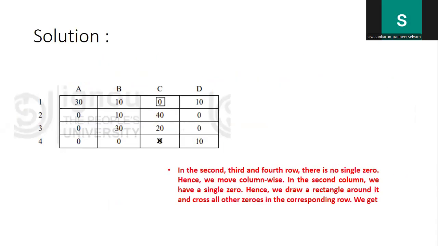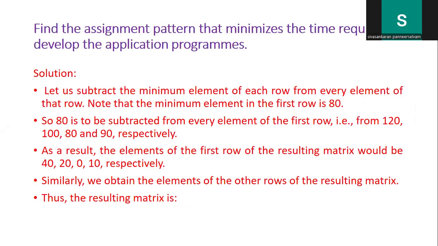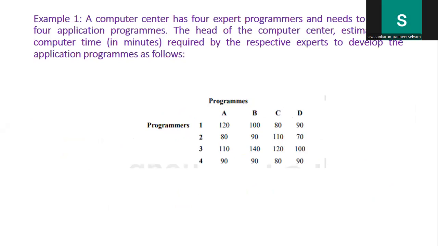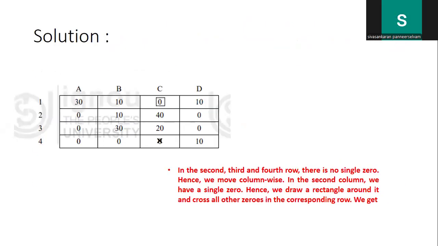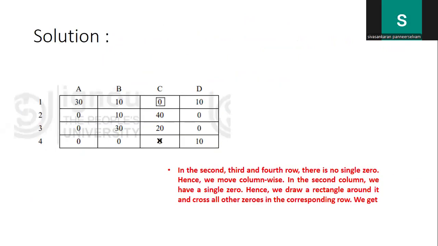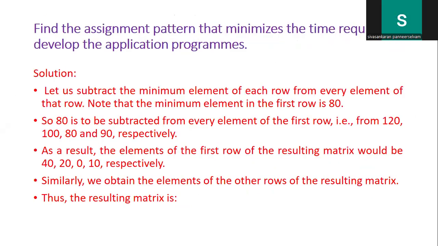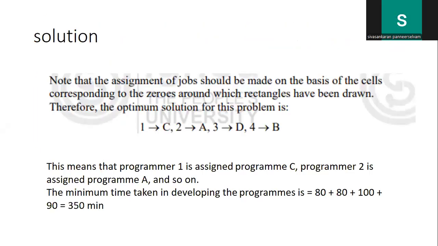So let us go to the original timetable of the assignment problem. See the question. Now programmer 1 is assigned to application program C. The corresponding time is 80 minutes. Programmer 2 is assigned to developing application program A. The original process time is 80 minutes. Programmer 3 is assigned to develop application program D. You can check the result.